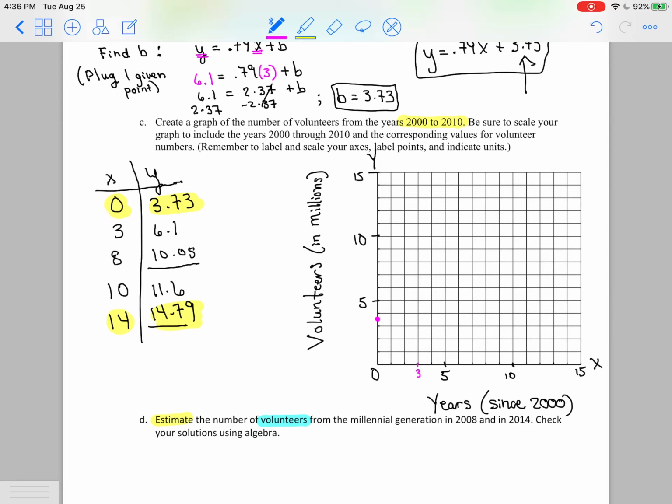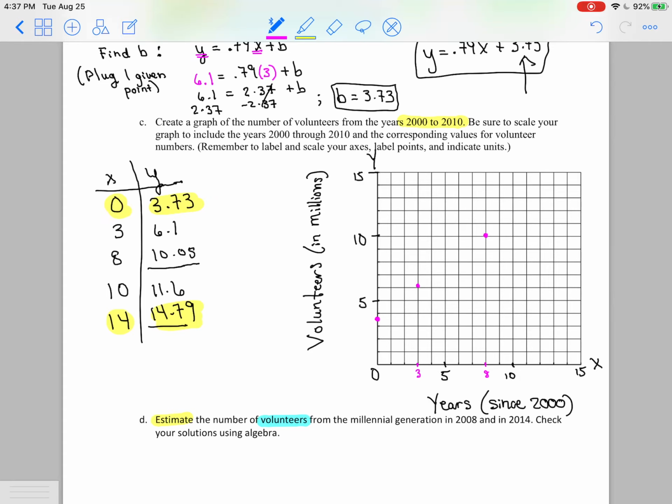All right, so 1, 2, 3, so this is when in 2003, we've got 6.1, so that's going to be just above the 6 there, 6 million. Okay, here's my 8 and 10.05, so that's going to be almost right on the 10 basically.